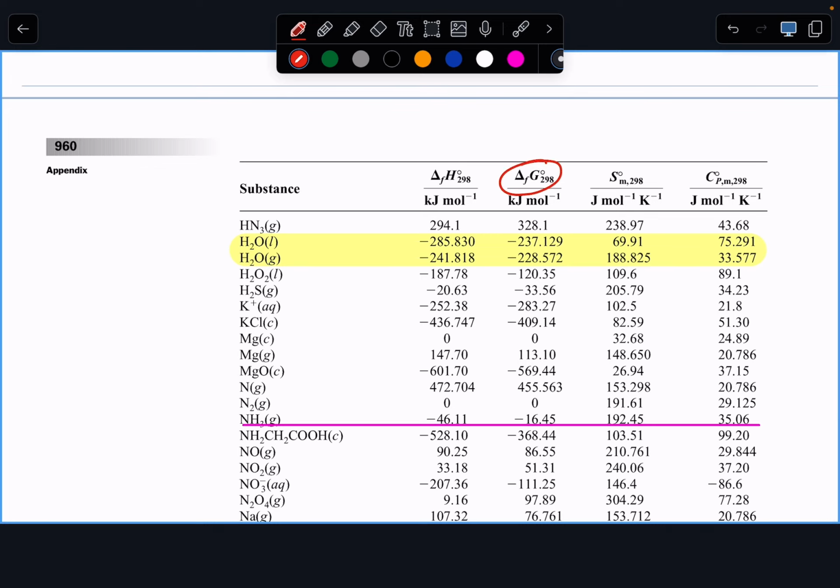The delta G, the Gibbs free energy of formation, for chemical species i in standard state at a certain temperature, along with the definition of G equals H minus TS, we know that this equals the heat of formation, delta f H, at a certain temperature for species i, minus temperature times the conventional entropy of formation of that chemical species i.